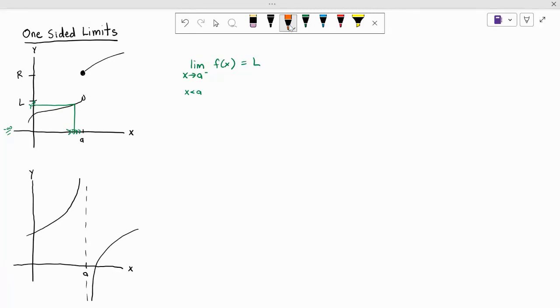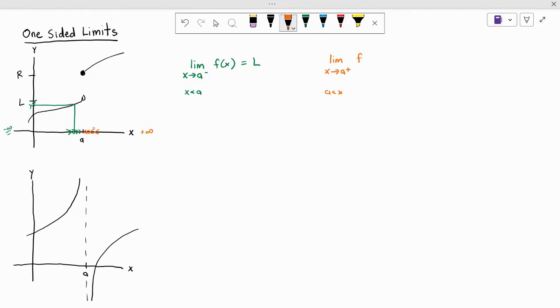And from the other side, if you want to analyze the behavior of the function, you'd write the limit as x approaches a, but we want to indicate that the x's are approaching a from the positive side of the number line, from the right side. So x is going to be bigger than a. To do that, we'll use a superscript of a plus to indicate the right side of a.